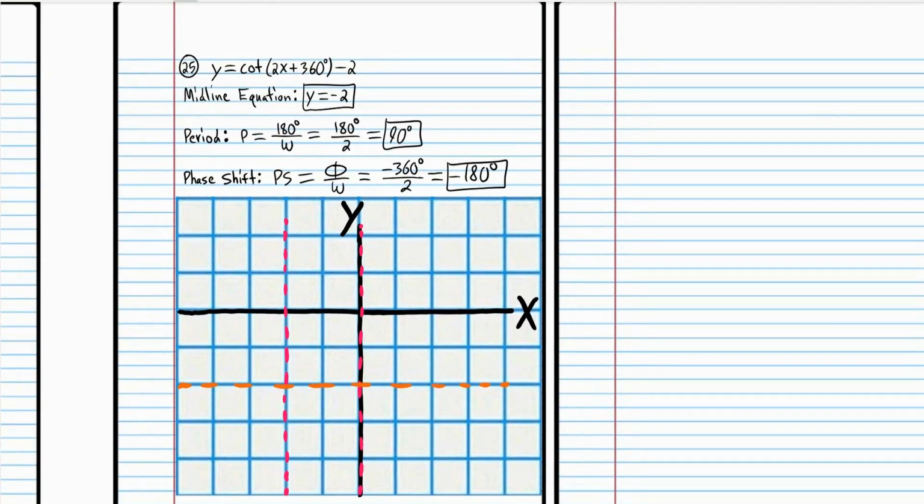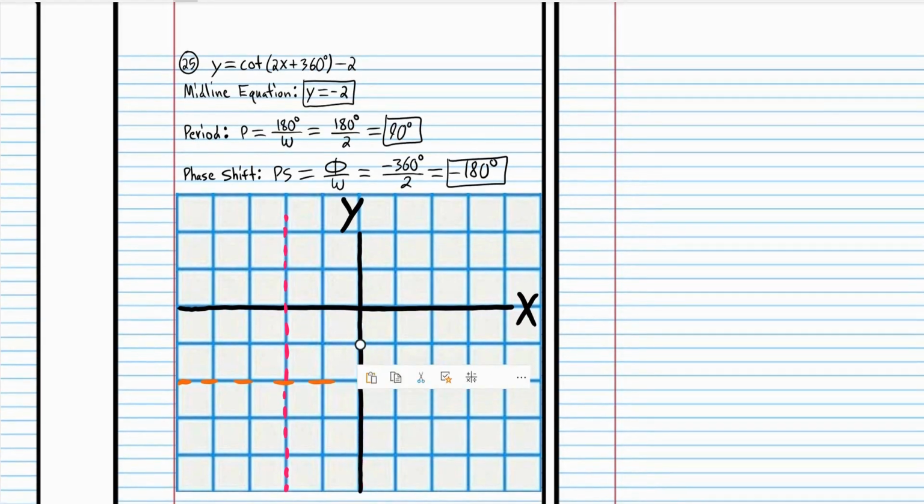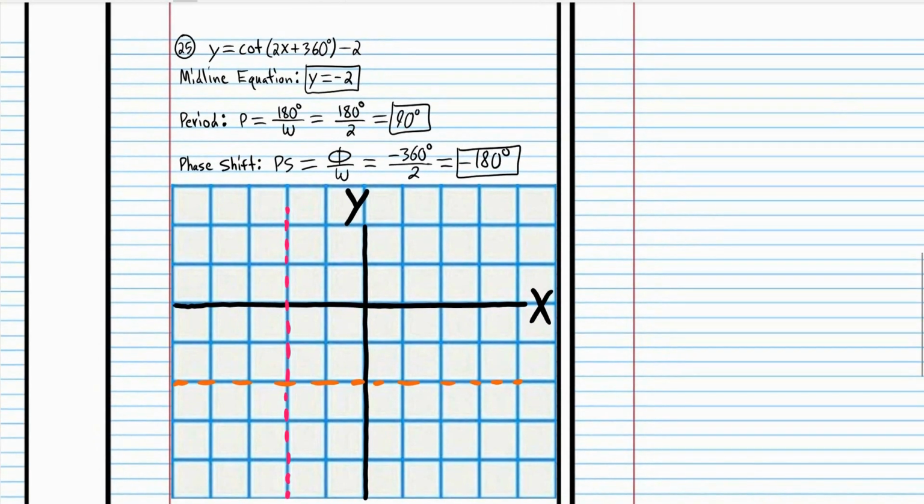And the period is 90 degrees, so that's definitely going to change things. So it looks like we had a horizontal compression. If the period is 90 degrees, then one box is going to be a complete cycle.